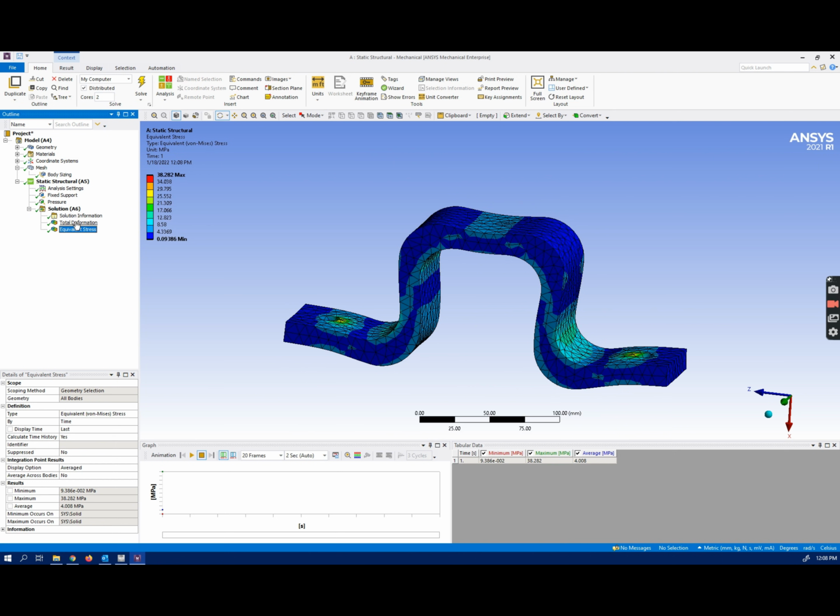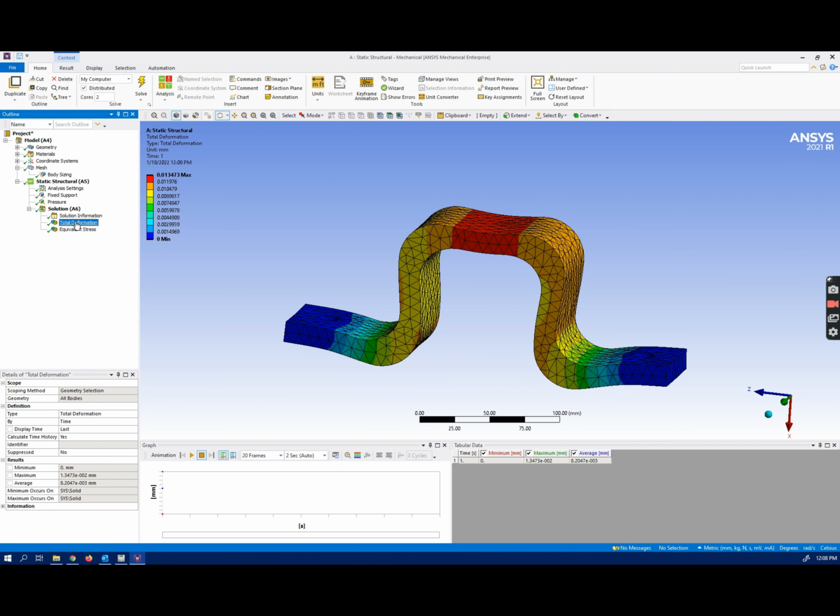We don't care about that. This is the stress. So remember this deformation, 0.01 millimeter.